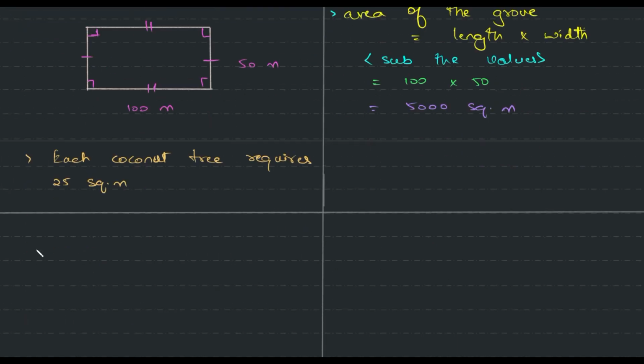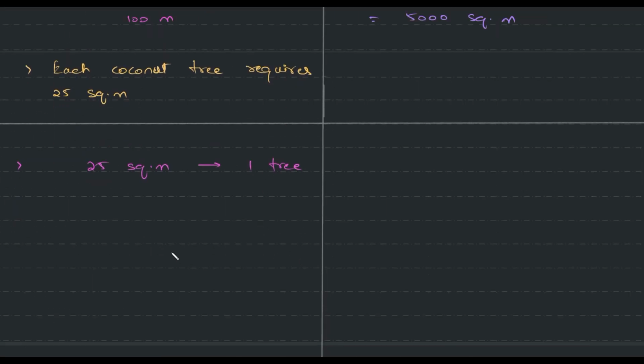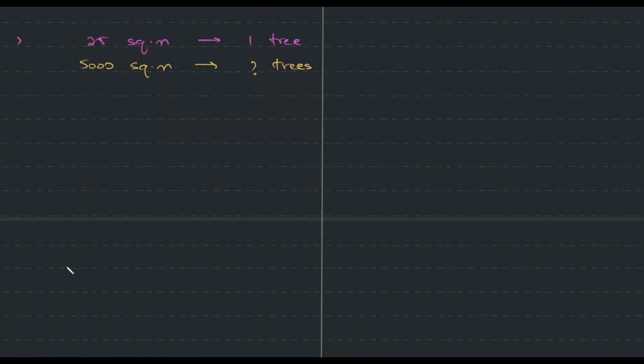Now, let's go to this. So we have 25 square meter. In this space, it will give me one tree. Now the question is, for 5,000 square meter, how many trees can I plant? That's the question. Quite simple.